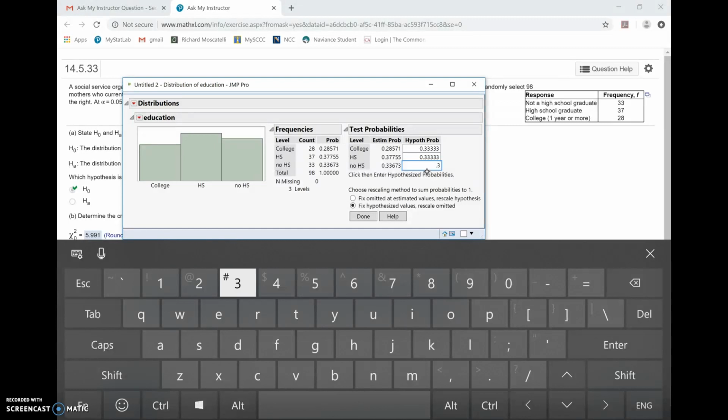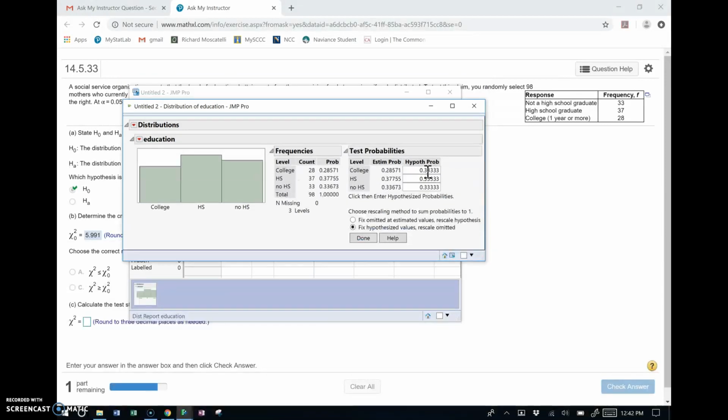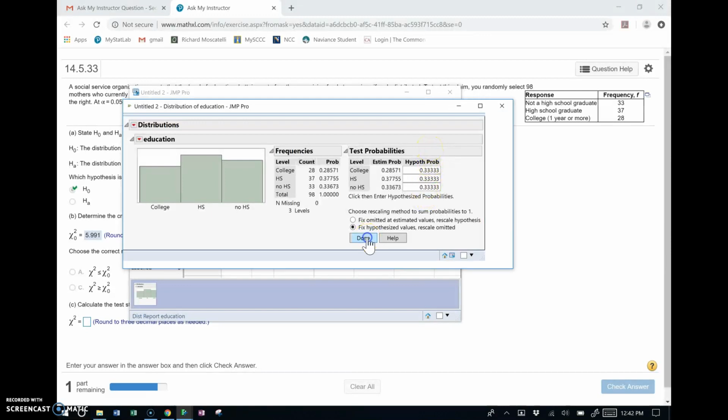Now, you might say, wait a second, you're just putting in 0.333, and that doesn't add to 1. Yeah, I know, but it'll rescale it for us. Don't worry about that. And it says that down there. Fixed hypothesized values and rescale omitted. So it'll take care of that for me. So in other words, here's the observed percentages. Here's the hypothesized percentages, with an equal likely occurrence. So I'm going to say, okay, done.